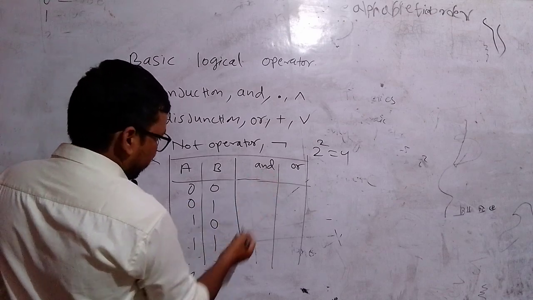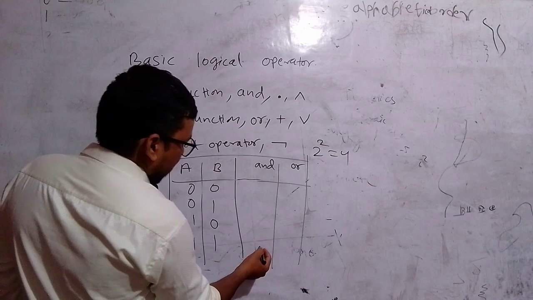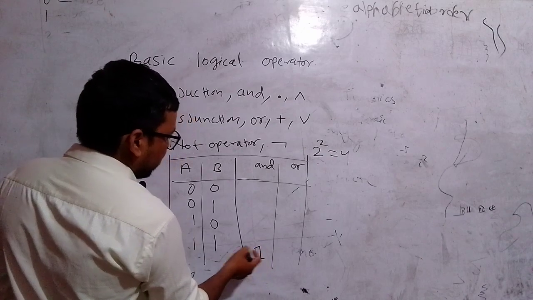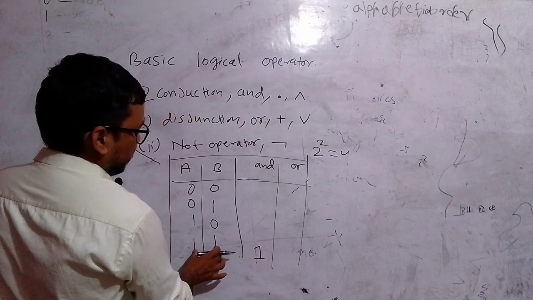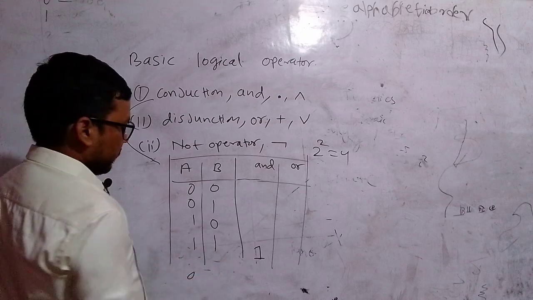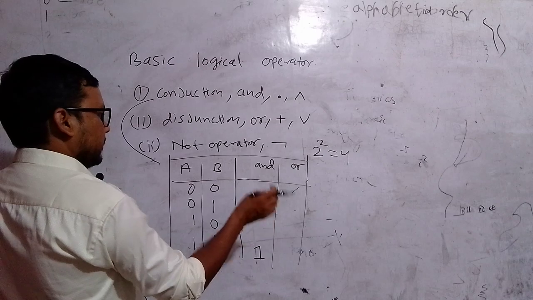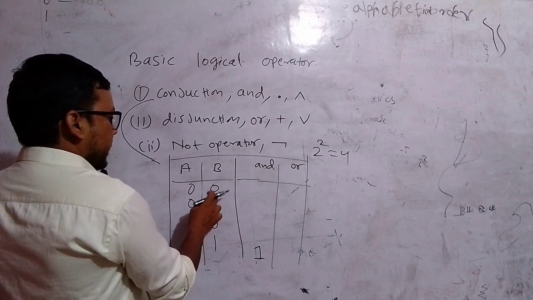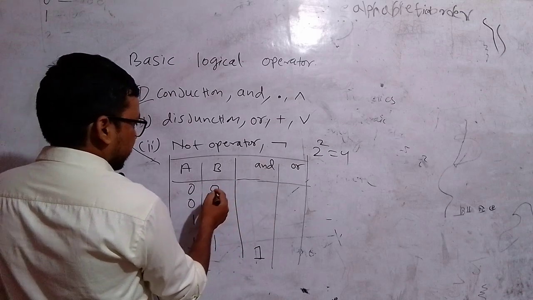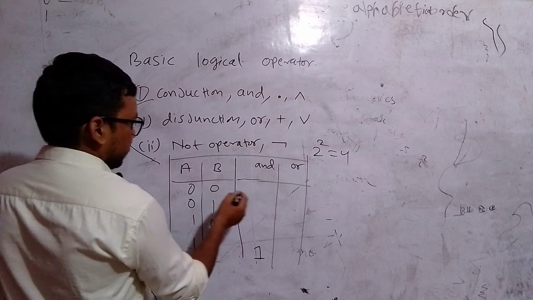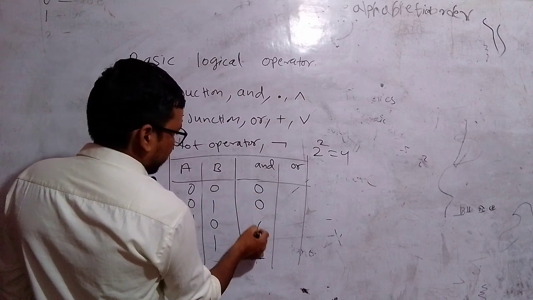That means the AND operator gives 1, high output, only if both its inputs are high. In other cases, if the AND operator encounters any one input 0, it produces 0 output.